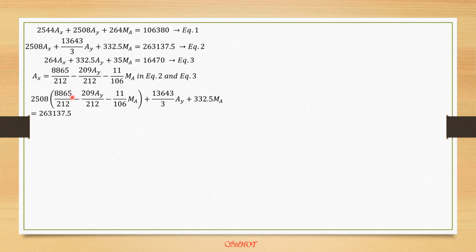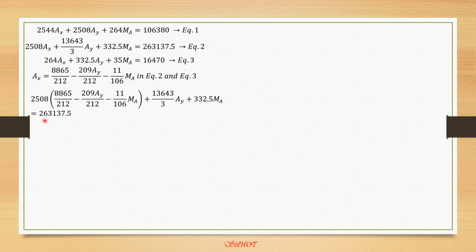So let's simplify this. Let's simplify first AY: negative 2508 times negative 209 AY over 212 plus 13640 over 3, then that would be AY. Then for MA, negative 2508 times negative 11 over 106 MA plus 332.5, then we'll have to combine the result.